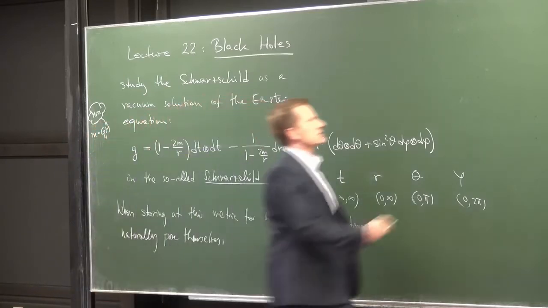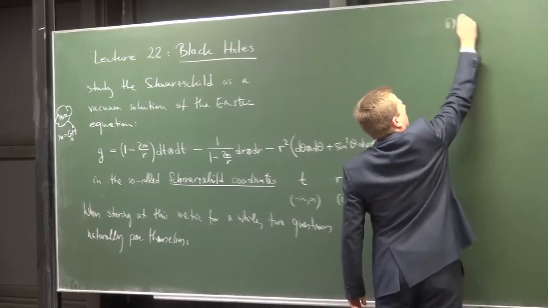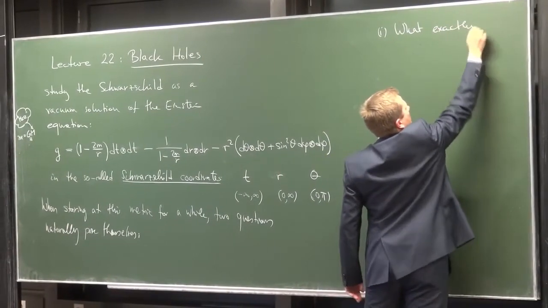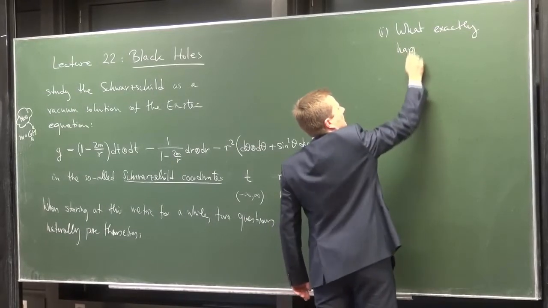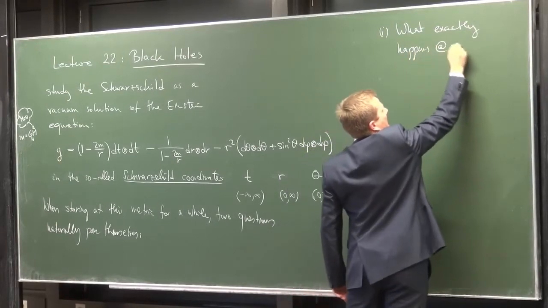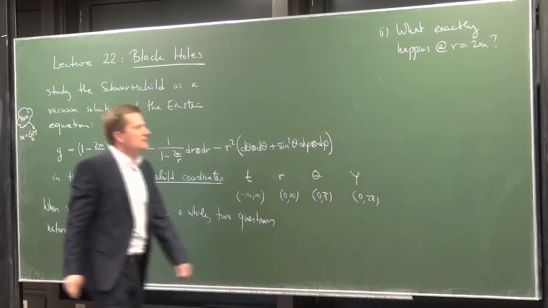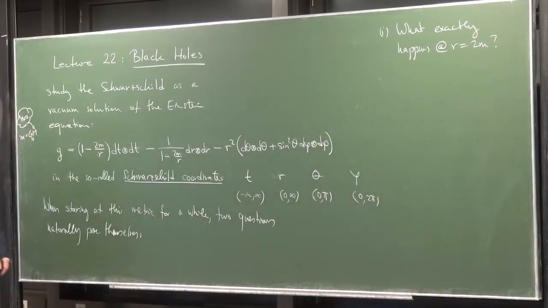The first question is, what exactly happens at r equals 2m? If I ask this, you say, why am I interested in r equals 2m?